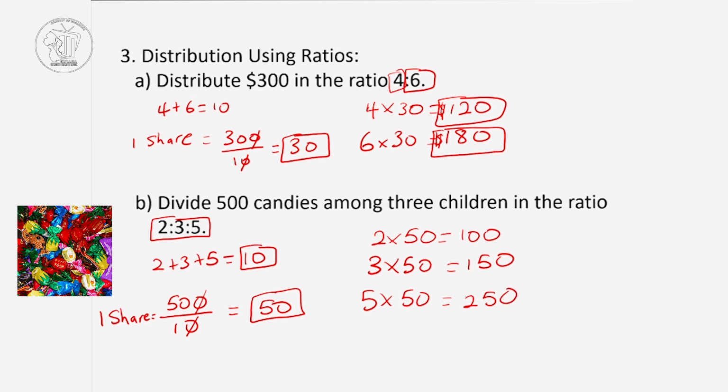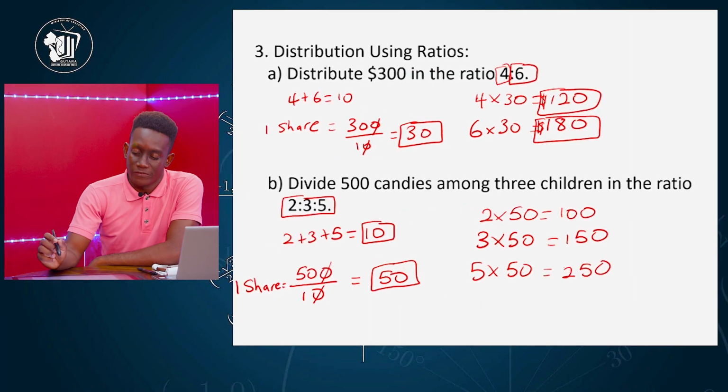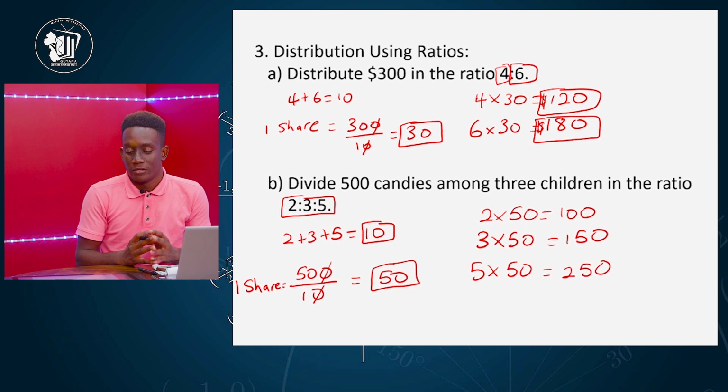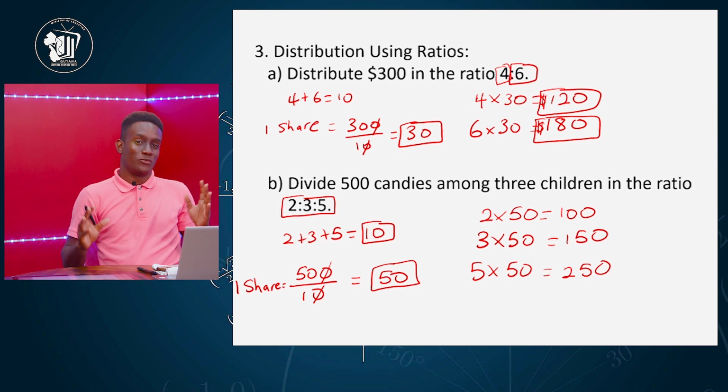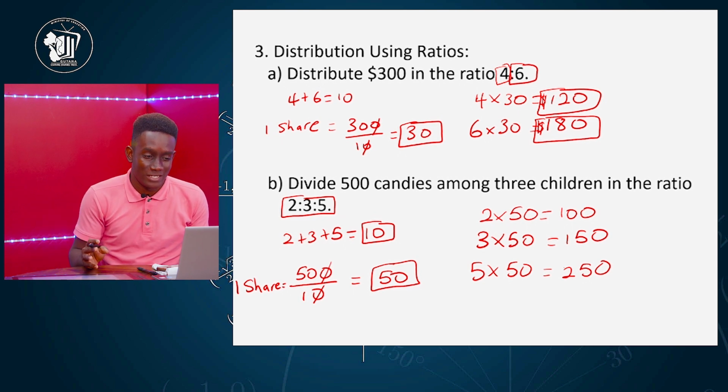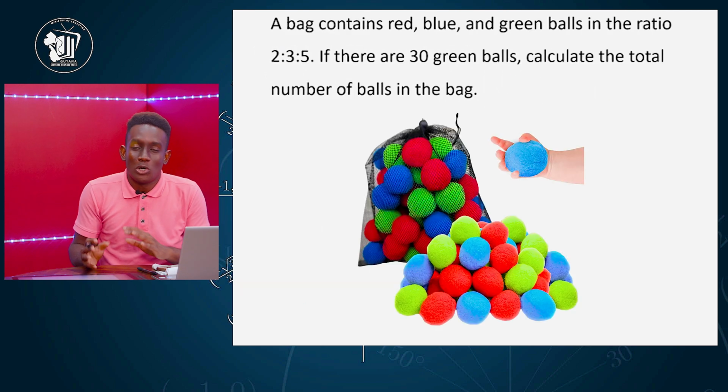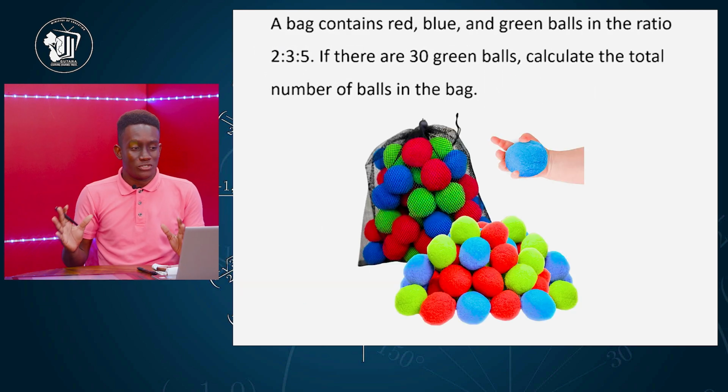So for the ratio 2 to 3 to 5, the shares would be 100 for 2 shares, 150 for 3 shares, and 250 for 5 shares. If you add up all of that, you get 500, which represents the 500 candies.